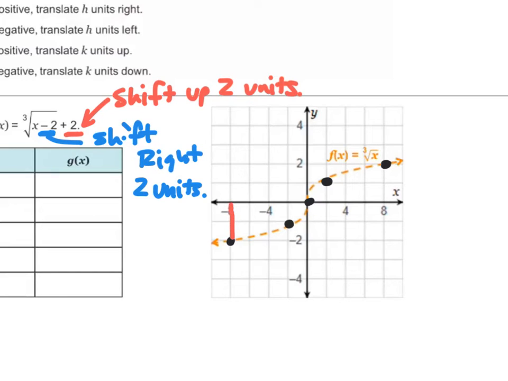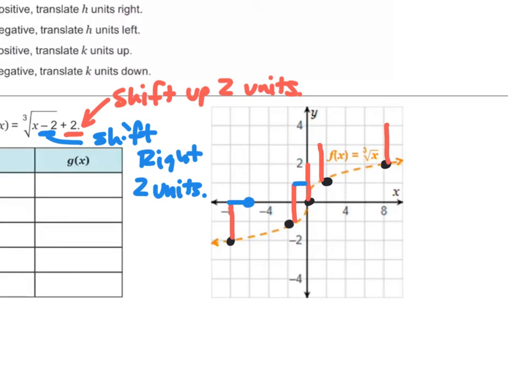I'm going to do this, this, this, this, and that. And then I'm going to move them 2 units to the right, so over there, and then plot a point. So each of these I'm just going to move over 2 units.